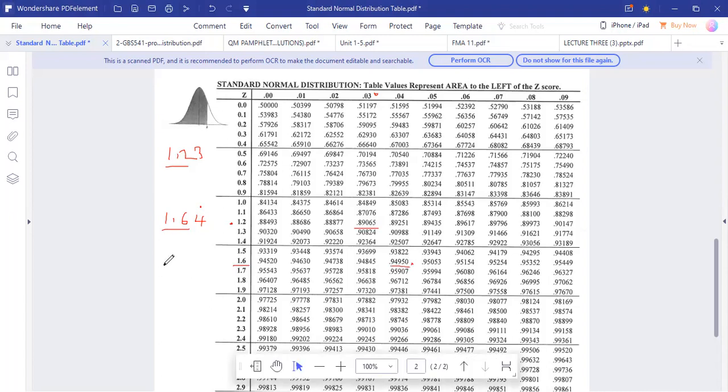Now help me find the reading for 2.33. The ladies and the guys, help me find the reading of 1.27.